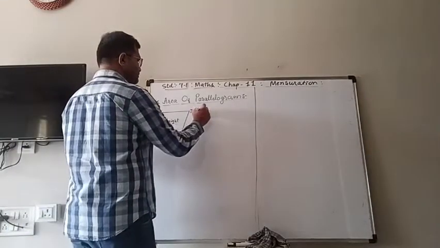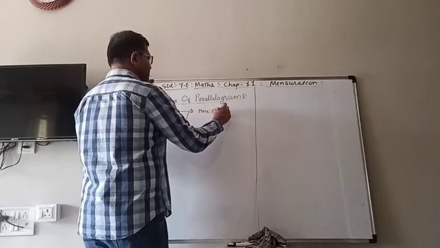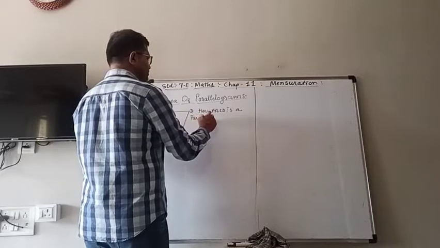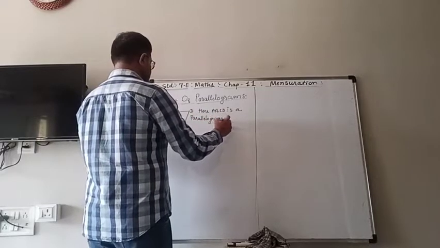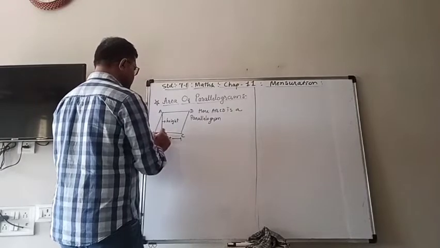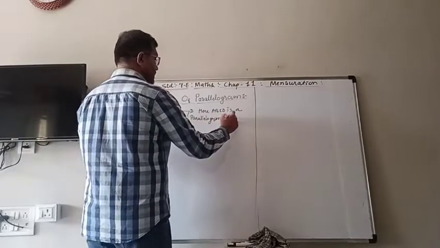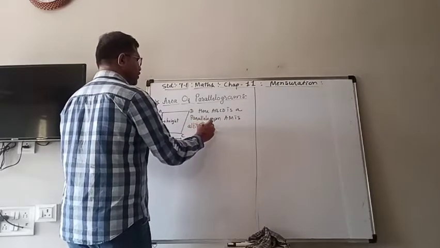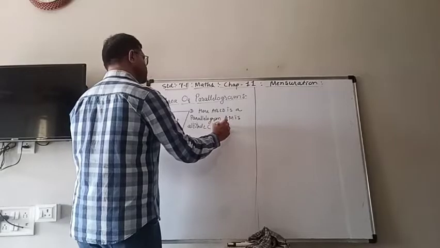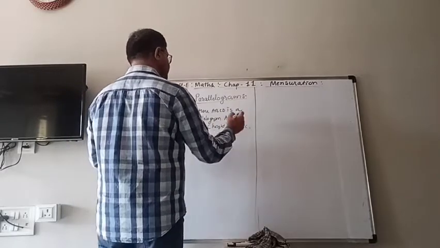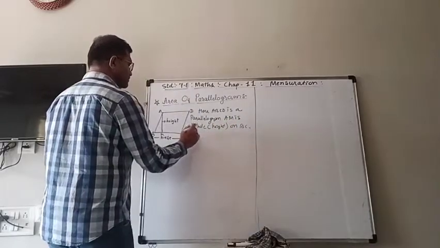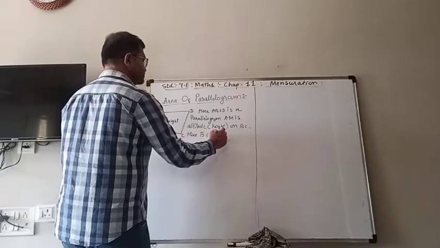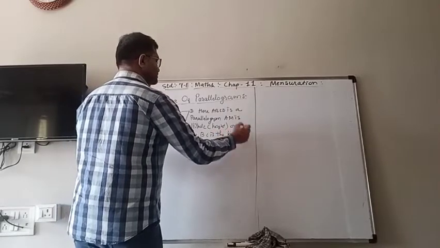So here ABCD is a parallelogram. Here you can give any name, like M. AM is the altitude or height on BC. So here BC is the base.